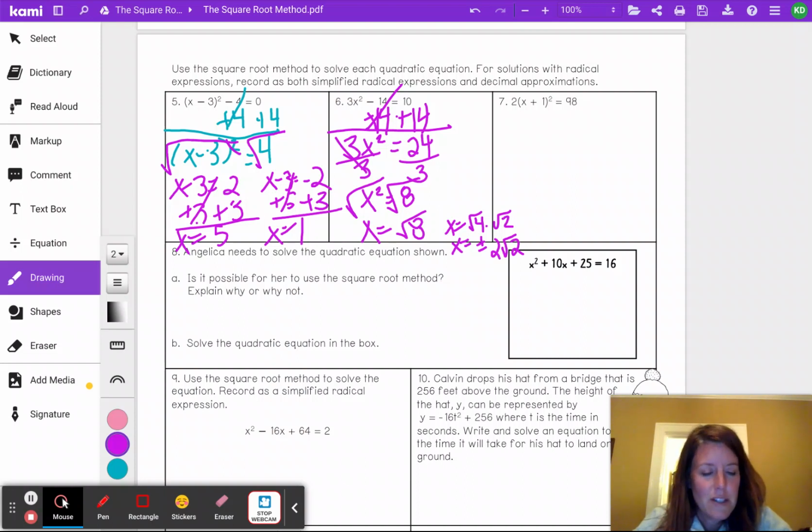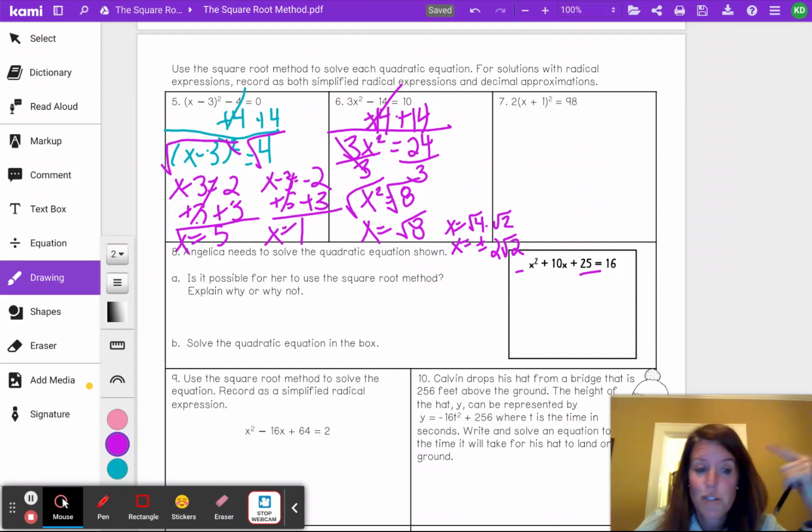So if you look at this, hopefully somebody is going to look at that and think, oh yes, I remember from when we were factoring polynomials that this is a perfect square trinomial. Because look, 25, that's a perfect square. The number in front of your x squared is a 1, and that's a perfect square.